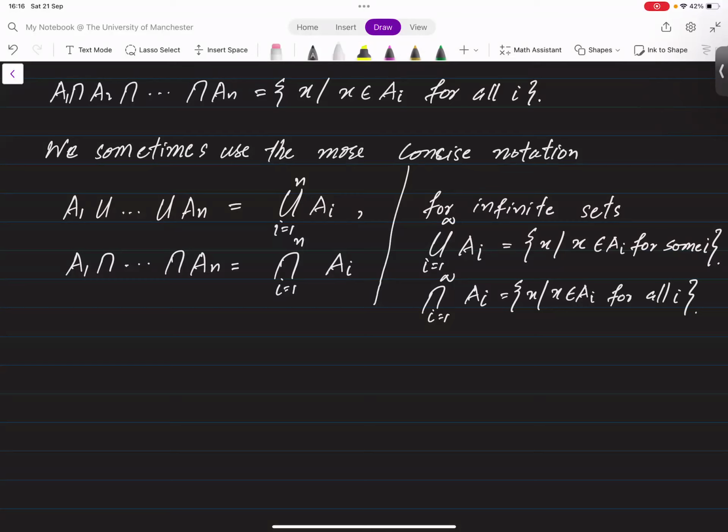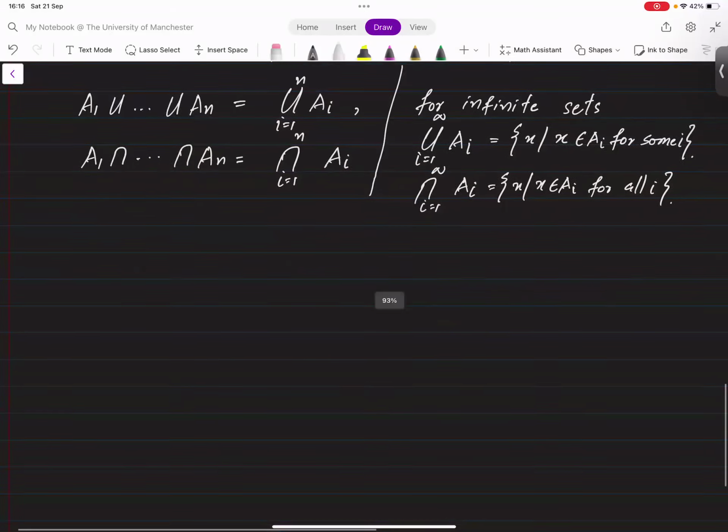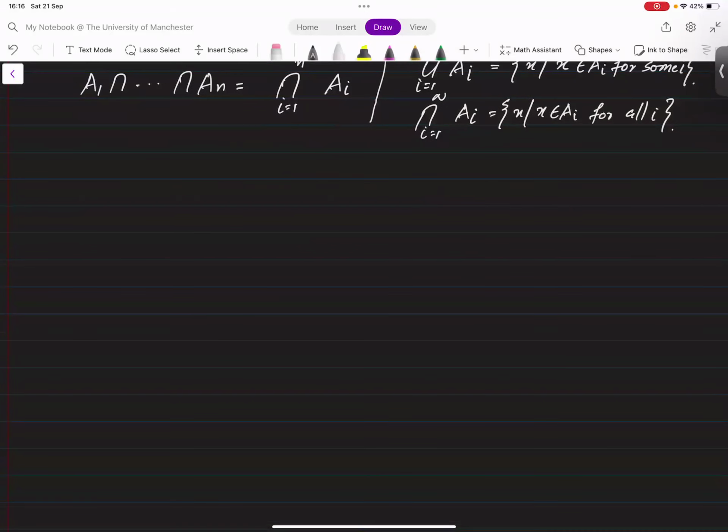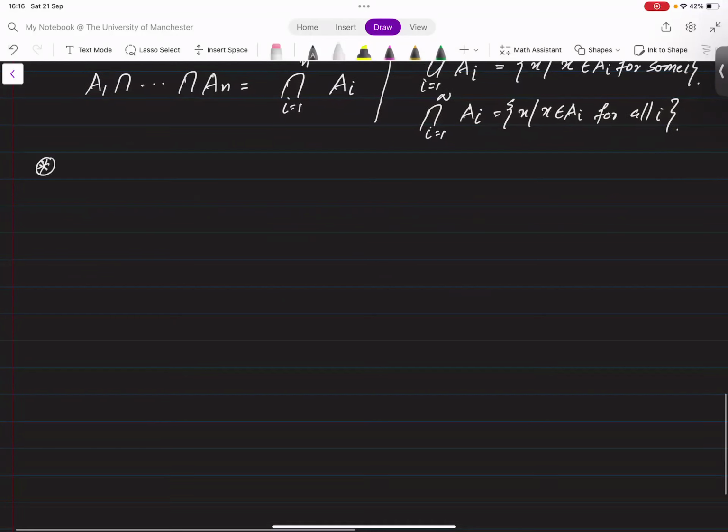Now we can talk about another operation, not a property but an operation, known as the Cartesian product. Cartesian products give a way of constructing new sets from old. Okay, so definition.